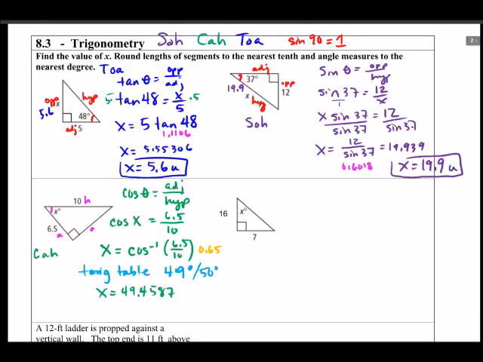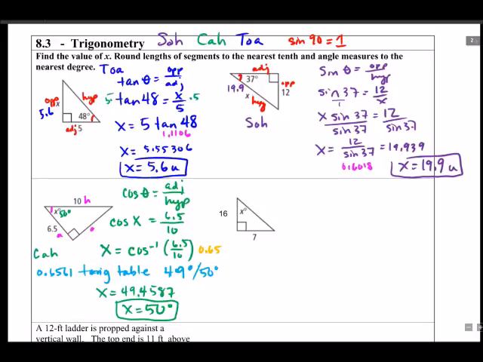The closest thing we have is 0.6561, which is 49. So we can call this x equals 50 degrees because we're supposed to round to the nearest whole number. We'll call it 50 degrees.